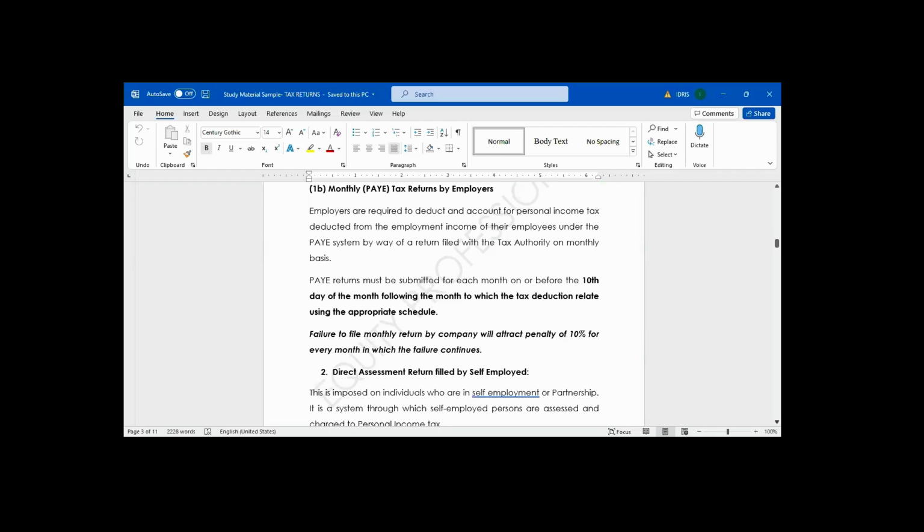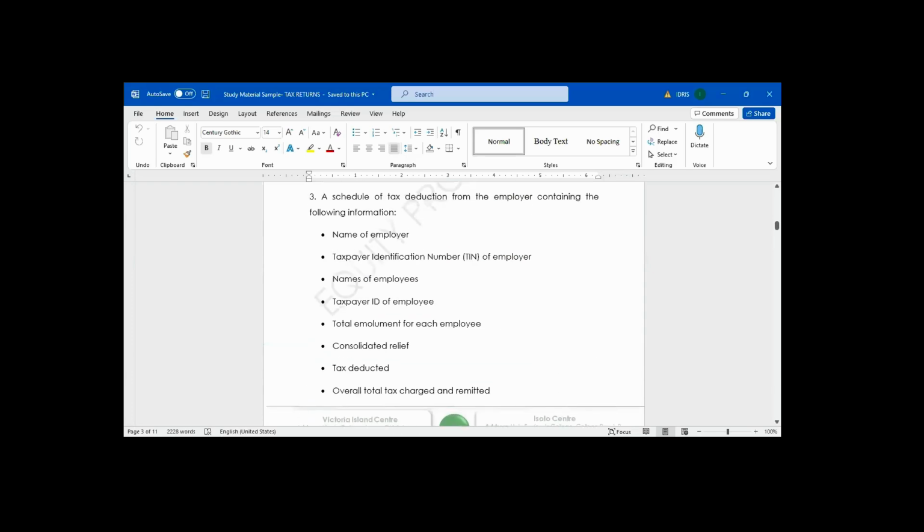It will attract penalties of 10% for every month in which the failure continues. That is payee monthly return.